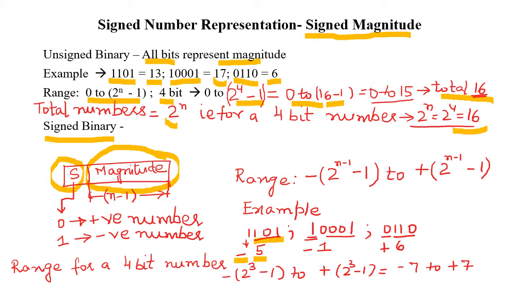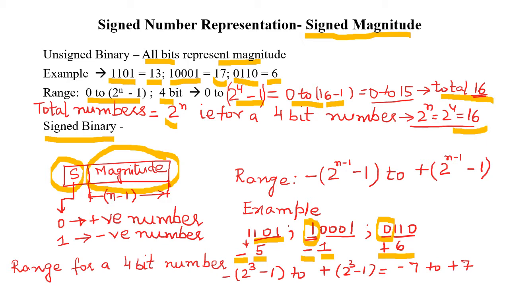The second number is 0001. So the first bit indicates the number is negative, and 001 value is 1, so the number is minus 1. Again, 0110 is equivalent to plus 6 because the first bit is 0, which indicates a plus value, and 110 makes it a 6.